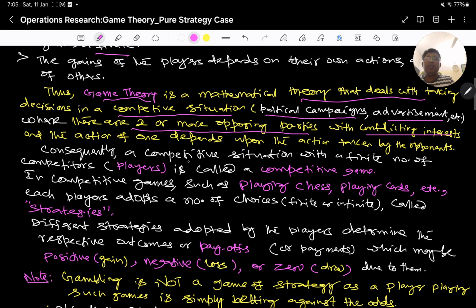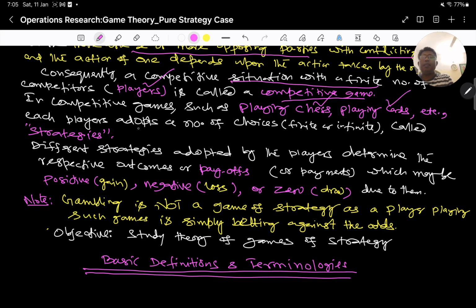Consequently, a competitive situation with a finite number of competitors, called the players, is called a competitive game. In a competitive game, such as playing of cards, playing of chess, etc., each player adopts a number of choices. That choice may be finite or infinite.